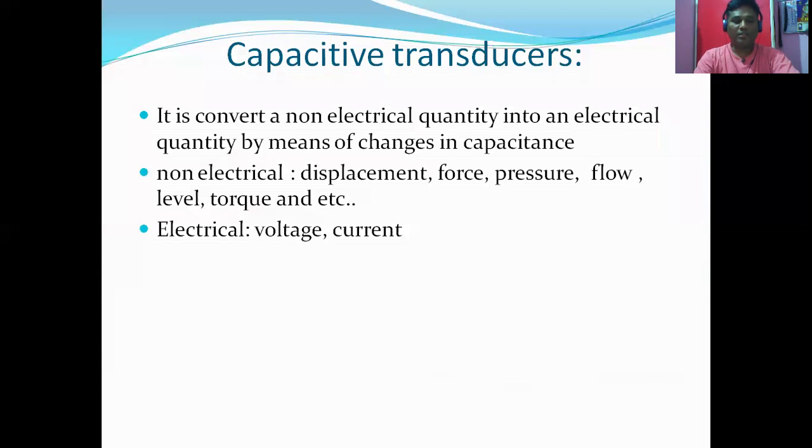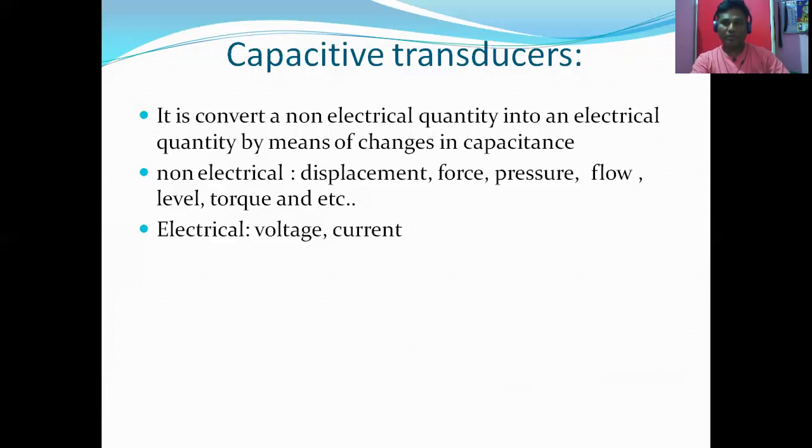So basically, we consider two types of transistors. The first one is the active transistors, and the second type is the passive transistors.